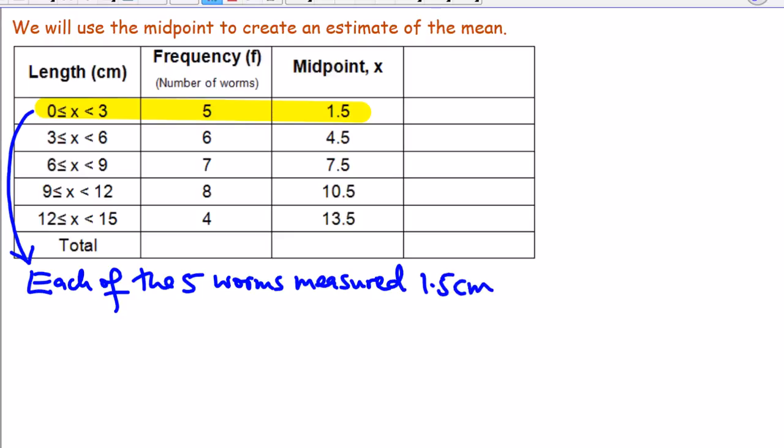Therefore, we can estimate their total length, suppose you put them together.